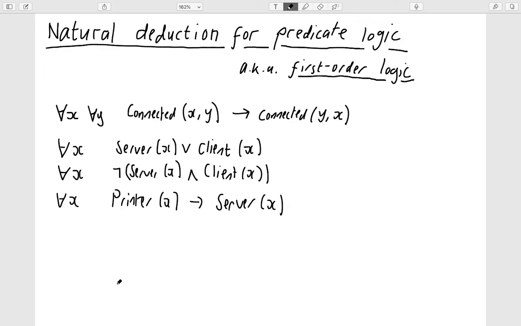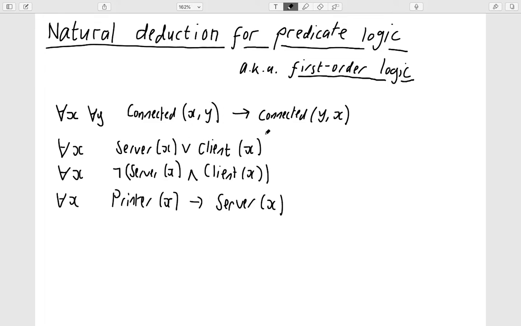I don't want to give a complete set of axioms here because that would be a bit tedious. I just want to give you examples of the kind of formulas we have in predicate logic, and the formulas here are, as in propositional logic, stating propositions.